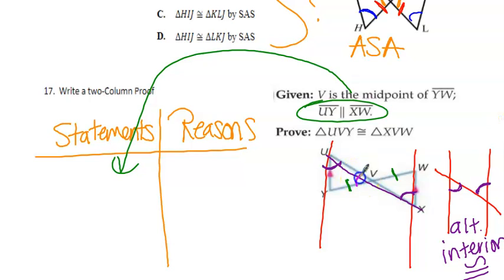I can also say this angle and this angle are congruent because they're vertical. So writing in this information, then explaining the reason: vertical angle theorem, alternate interior angle theorem, and then finally finish with the proof. Okay, so try out number 17 based on the information I gave you.